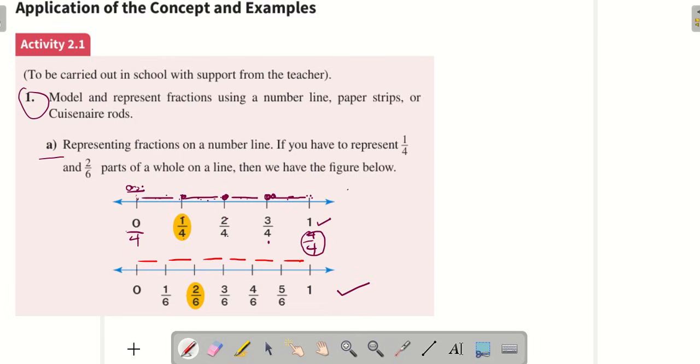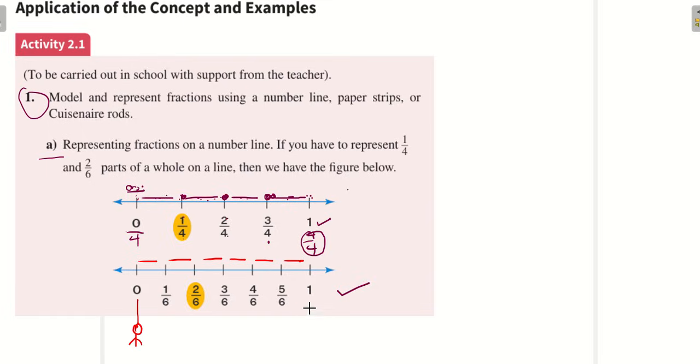So it means that for me to be able to walk from this part to this, I have to divide my journey into 6 different parts. So if I move from 0 to this point, I have just moved 1 out of the 6 divisions, and that is 1/6.